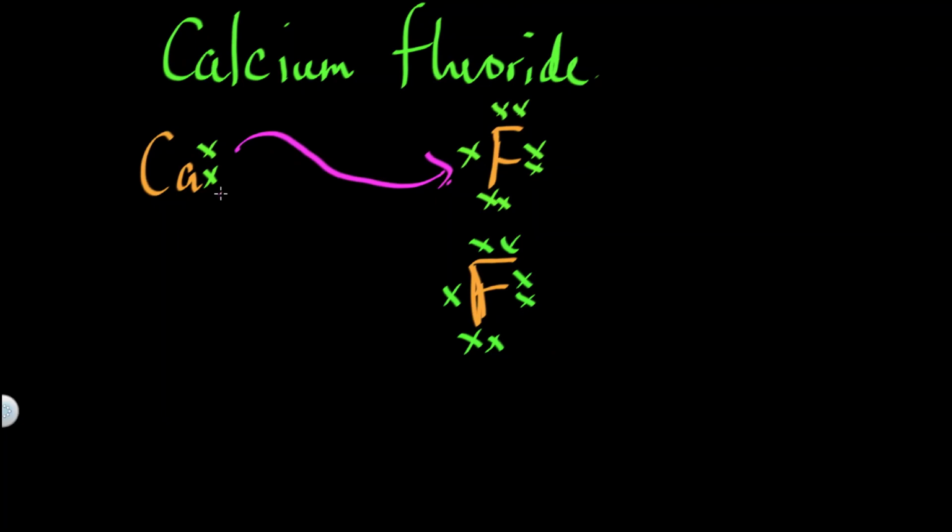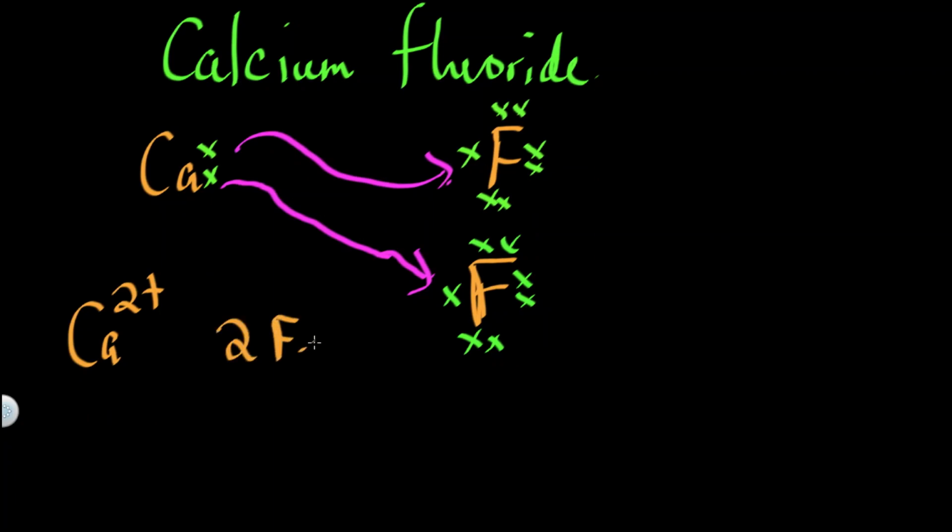Then the other electron will come here. In the end, we're going to have 2 fluoride ions and 1 calcium ion. So we're going to end up having Ca2 plus and 2 F minus. This is what we have.